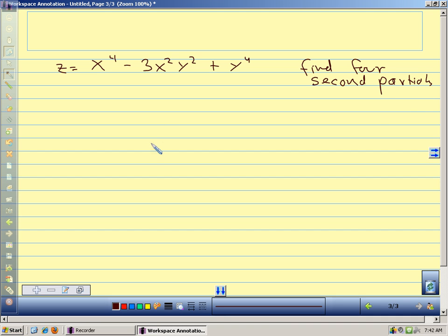So let's find our first partials first. So dz dx, what's dz dx going to be? 6x y squared. And that's it, because y is constant. How about dz dy?